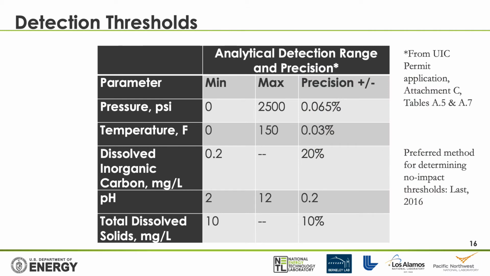Determining no net degradation or no impact threshold values is the preferred approach for establishing minimum thresholds for aquifer impacts due to leaking fluids from carbon storage reservoirs. This approach takes into account the temporal and spatial variability in monitoring metrics in order to statistically determine reasonable thresholds beyond which degradation of aquifer quality has occurred.